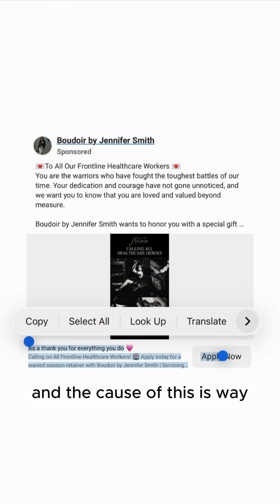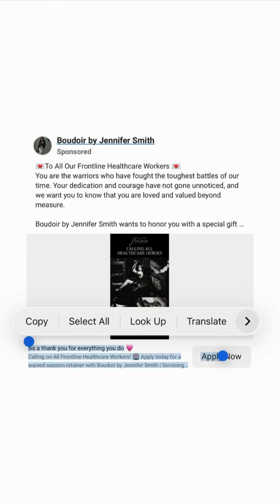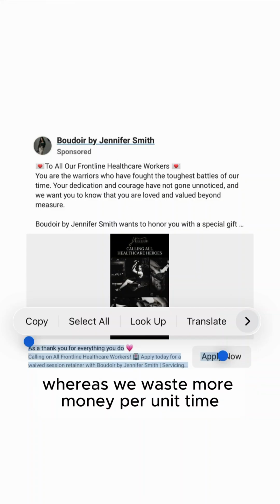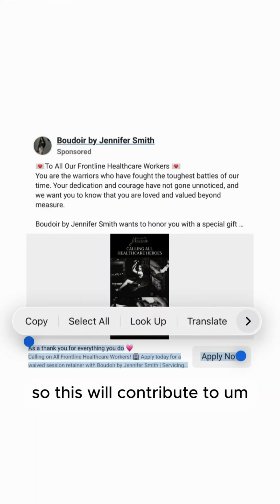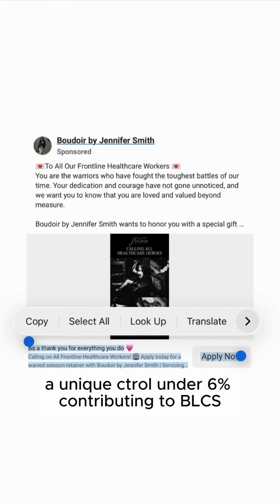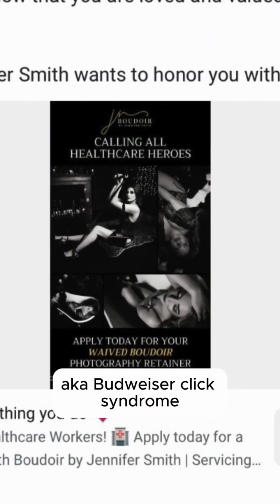And the cause of this is way more women scrolling by our ad than necessary, which Facebook likes because they can serve more ads per unit time and earn more money, whereas we waste more money per unit time, kind of spin our wheels, throw our ad spend away. So this will contribute to a unique CTR under 6%, contributing to BLCS, aka Boudoir low click syndrome.